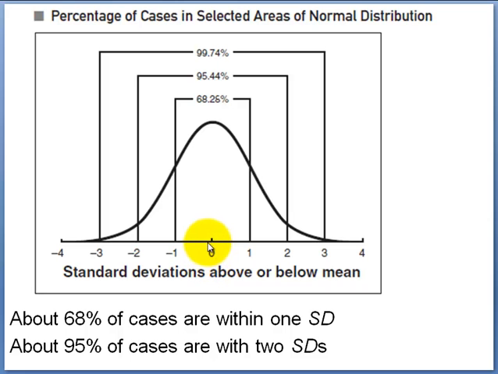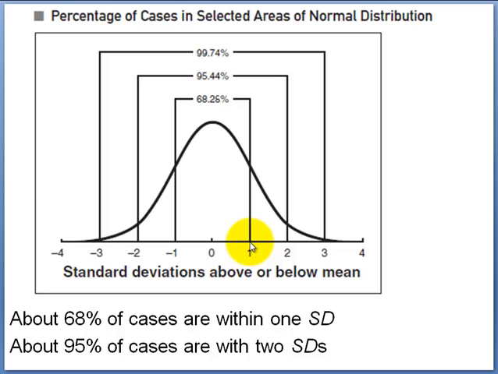So if we go one standard deviation below and one standard deviation above, if we span that range, 68% of the cases, and indeed 68% of the area, if we're thinking visually, in a normal distribution, is within one standard deviation of the mean. So the 0 is conveying the mean. Here we are one standard deviation below, and here one standard deviation above the mean.